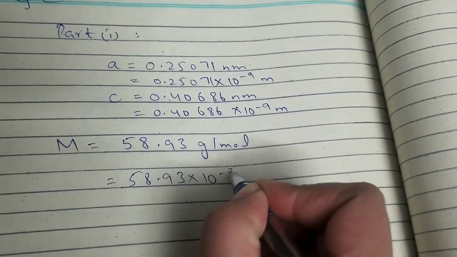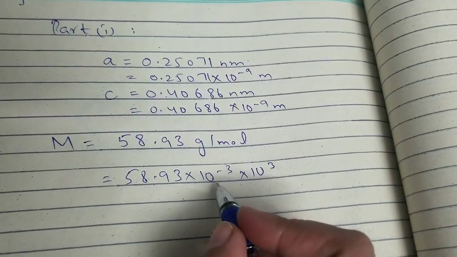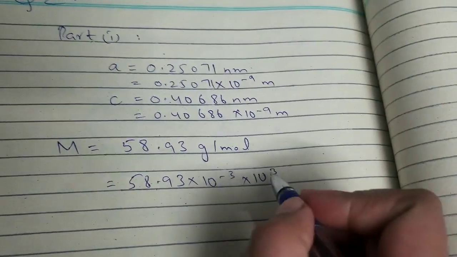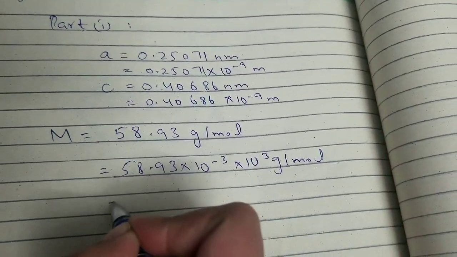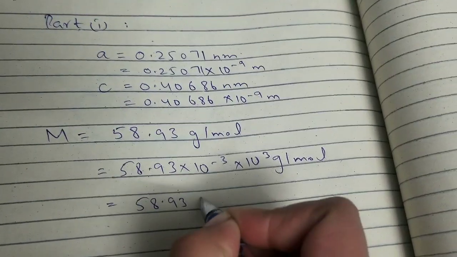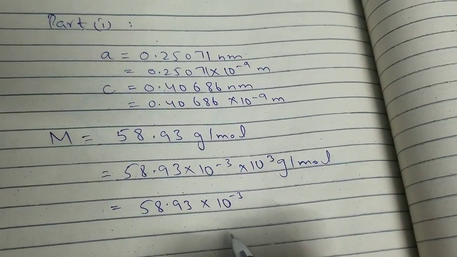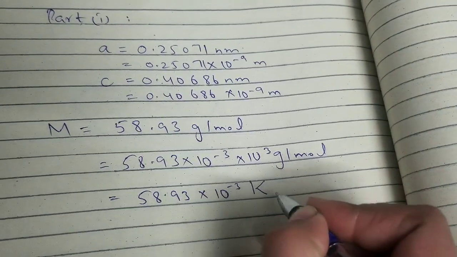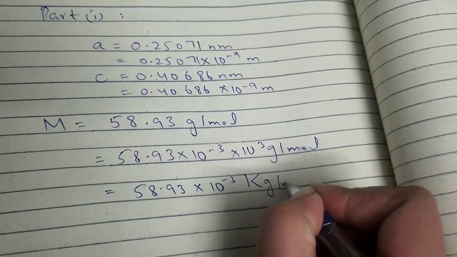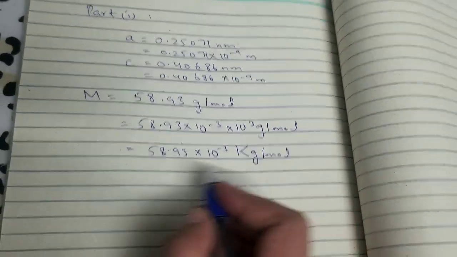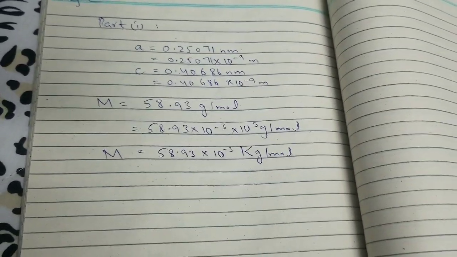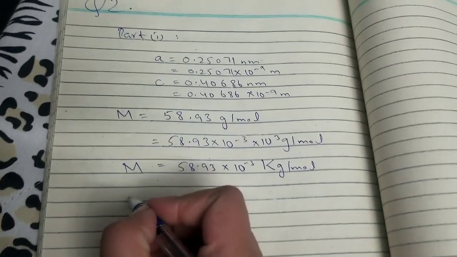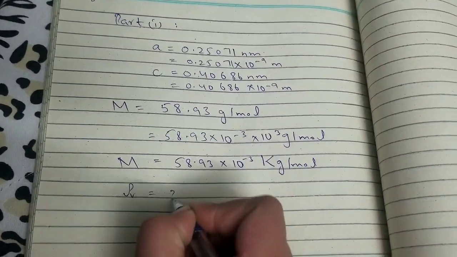So to produce 10 raised to the power 3 here, we multiply with 10 raised to the power minus 3 and also with 10 raised to the power plus 3, so that the equation remains neutral. So 10 raised to the power minus 3 remains as it is, and in place of 10 raised to the power 3 we can write k, which is kilo, and g per mole is as it is. So the molar mass is 58.93 multiplied by 10 raised to the power minus 3 kg per mole in SI units, and we have to calculate the volume density for cobalt.